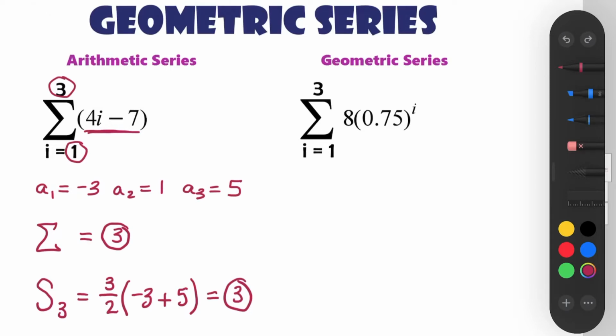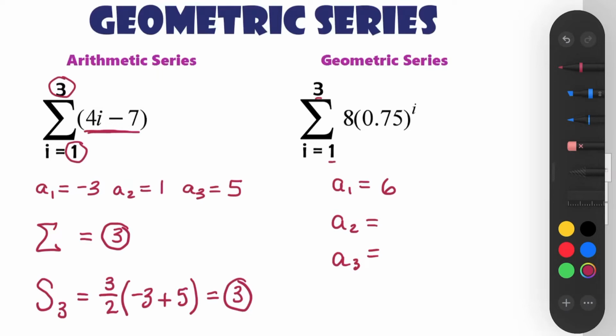Let's talk geometric. So geometric, same idea. We're adding up, in this case, the first through the third terms of this sequence. And we could just find them one after another, right? a1, a2, a3 by plugging that into our calculator. So 8 times 0.75 to the 1 is 6.